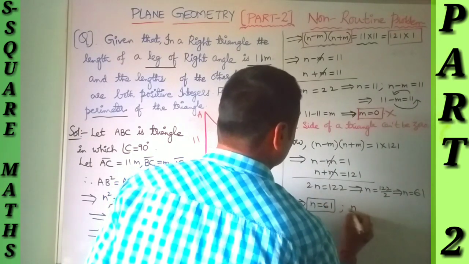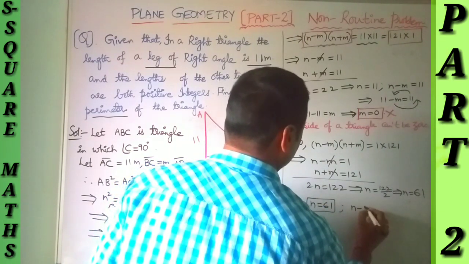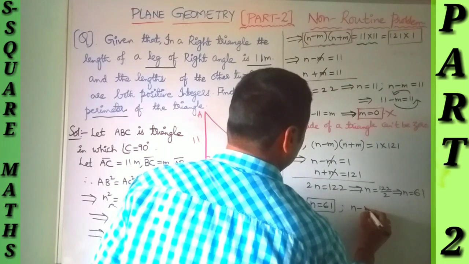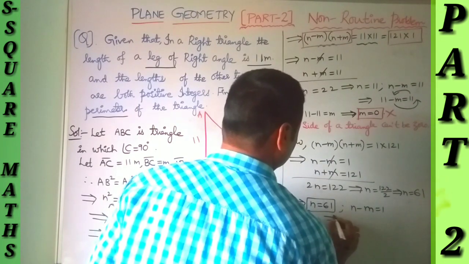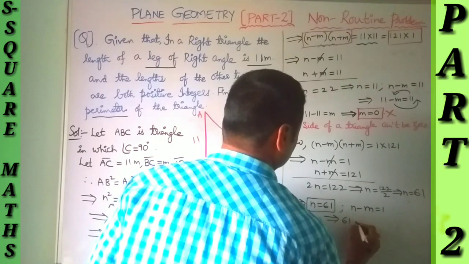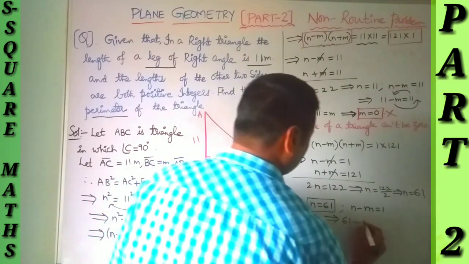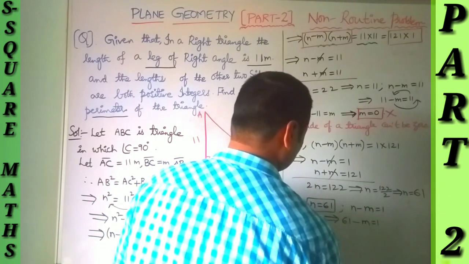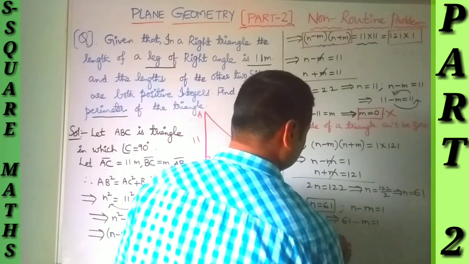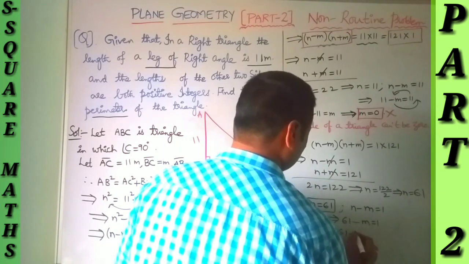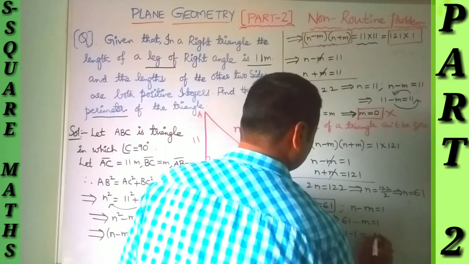So therefore now I can write here n minus m is equal to 1. n is nothing but our 61, and minus m is equal to 1. So m is equal to 61 minus 1, nothing but 60.